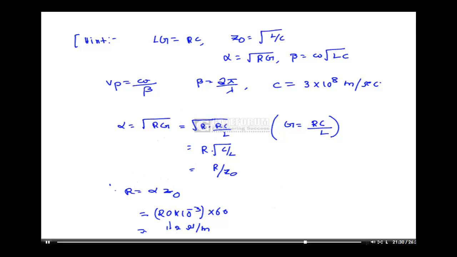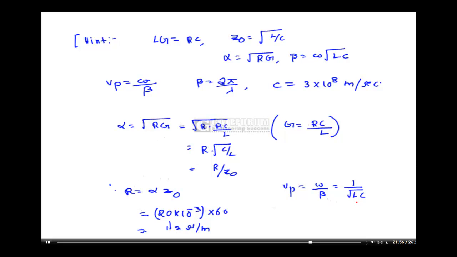Similarly, go for this phase velocity. Phase velocity Vp is equal to omega by beta, that is equal to 1 by root LC, because beta is equal to omega into root LC, omega cancels out, so the remaining thing is square root of LC only.